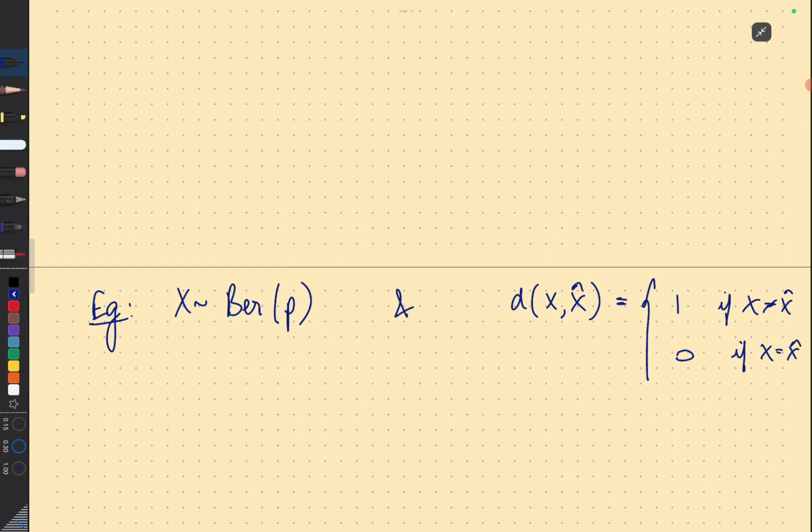So if I take two vectors X^n and X^n hat, d(X^n, X^n hat) is basically the number of locations in which Xi is not equal to Xi hat.